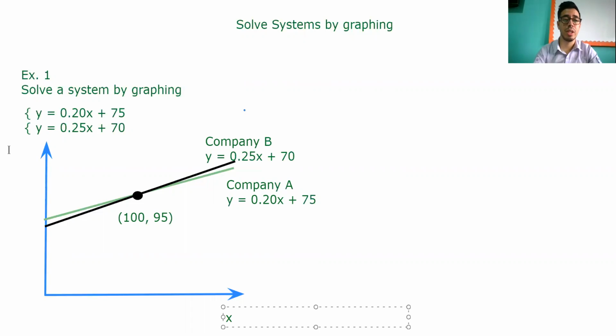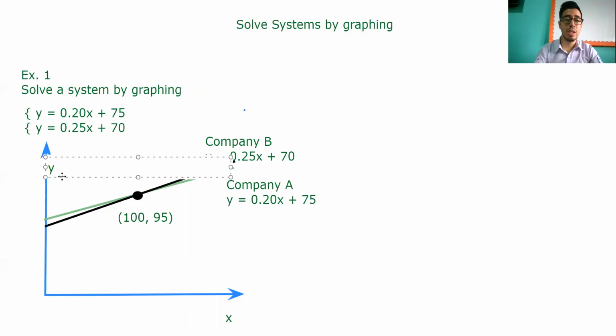But you need to understand the meaning for this intersection. What is going to represent this? That is one moment when this girl could talk 100 minutes and she is going to pay only $95, okay? Independent of the company. For both companies, in one moment, you can see the interpretation that you have below.